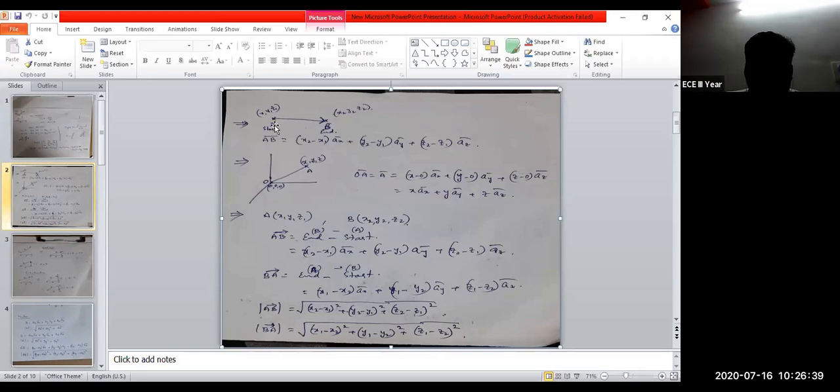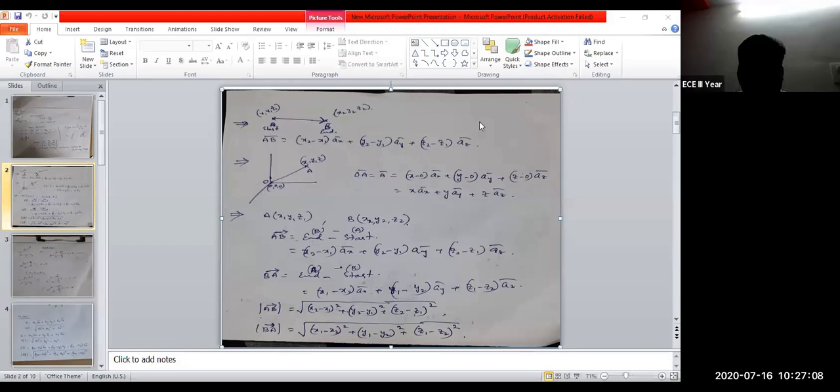The starting point is represented by some coordinates x, y, z, and the end point is also represented by coordinates x, y, z. Meanwhile, if you get any poll questions, remind me, and I will stop for 2 or 3 minutes so you can answer.